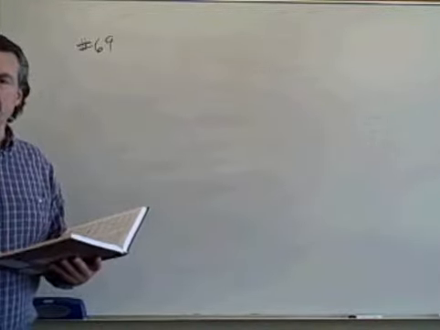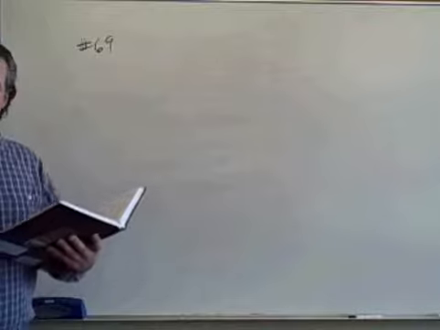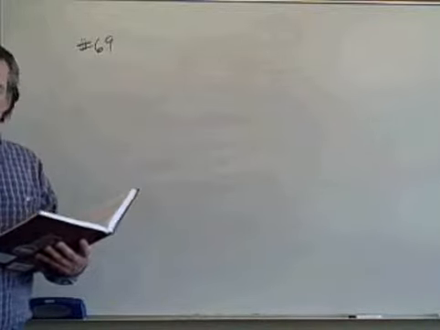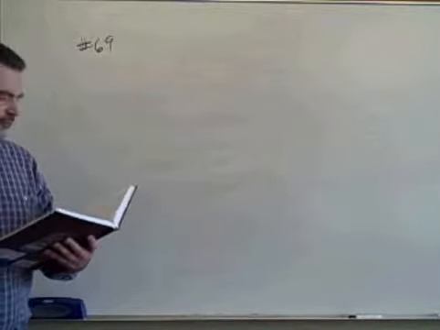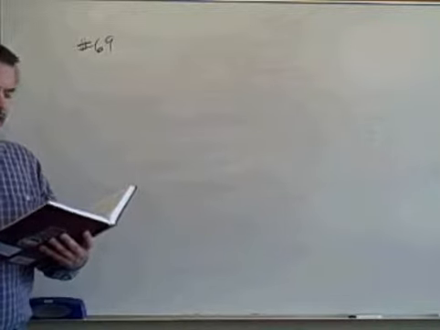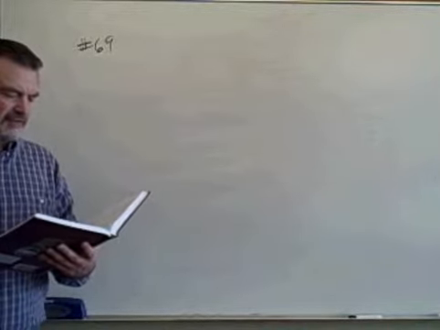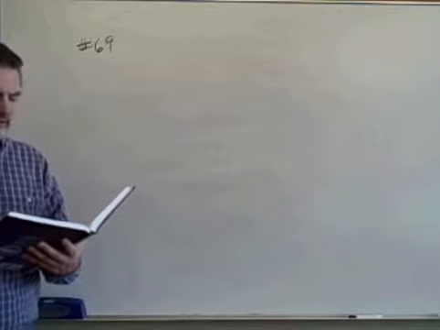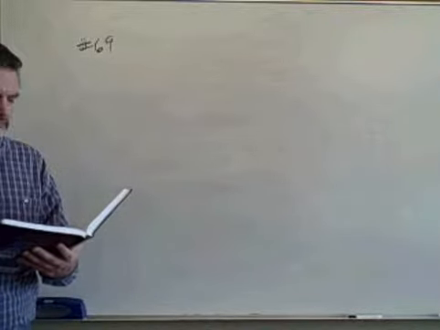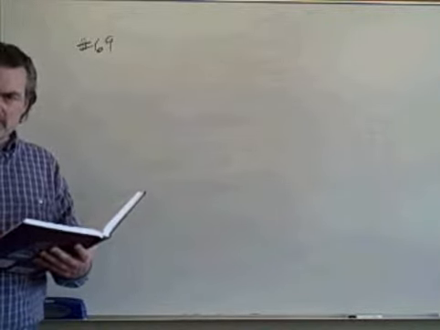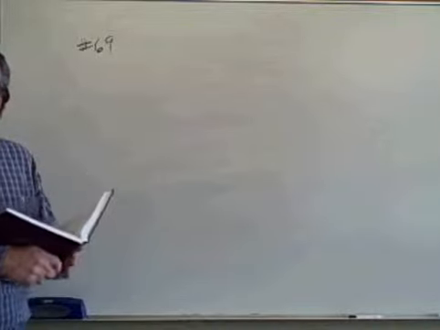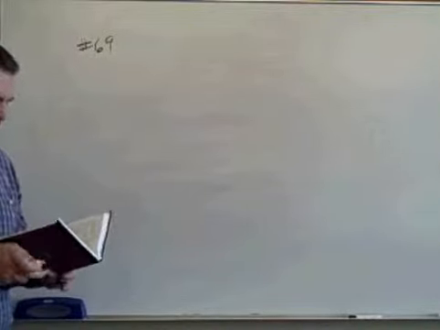Let's look at a couple of the variation problems that I gave you on your review sheet. Problem 69 from the Chapter 6 review. The distance that a body falls from rest varies directly as the square of the time of the fall. Let's use the letter D to represent the distance.